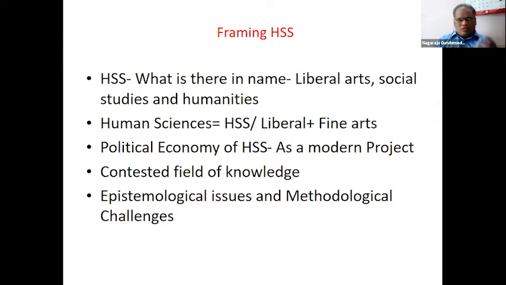The popular nomenclatures are, let's say, liberal arts, social studies, humanities, fine arts, and some scholars use the concept called human sciences to combine the humanities and social sciences, whereas most universities follow a classification of humanities and social sciences as different schools of thought.